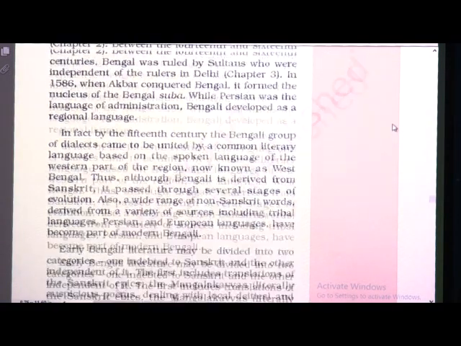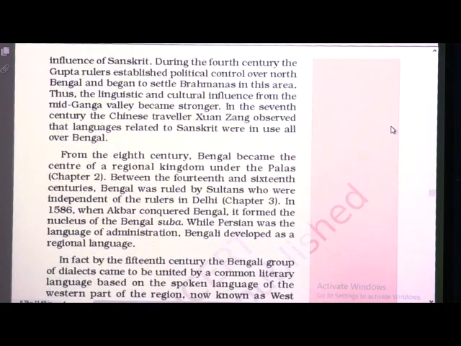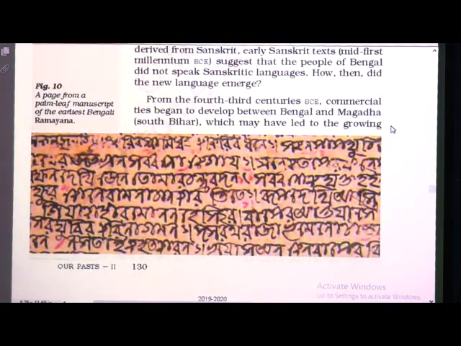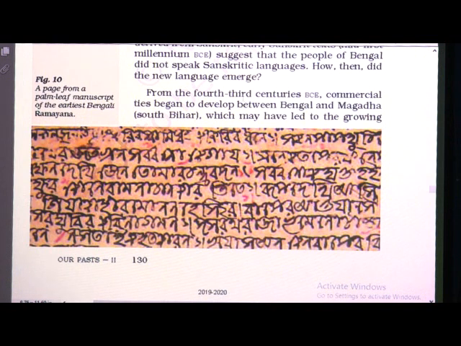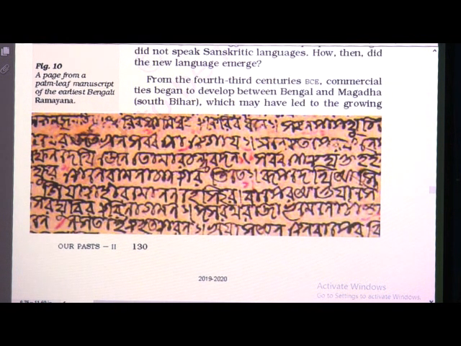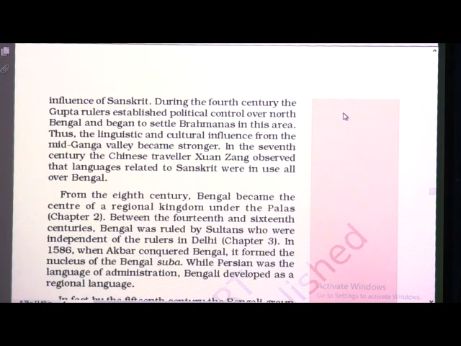let us once again start with the same paragraph, that is from the 4th-3rd centuries, commercial ties. So open this page 130. From the 4th-3rd centuries BCE, commercial ties began to develop between Bengal and Magadha, South Bihar, which may have led to the growing influence of Sanskrit.